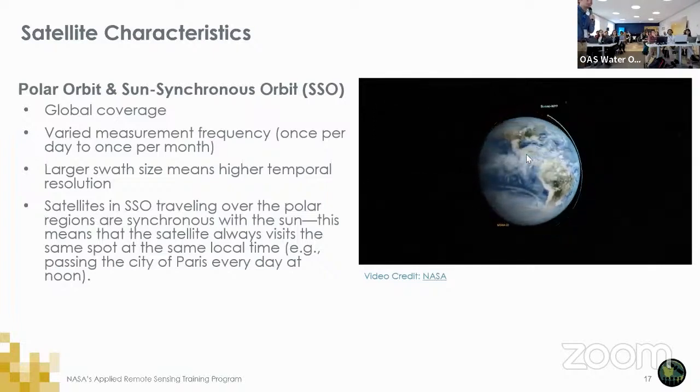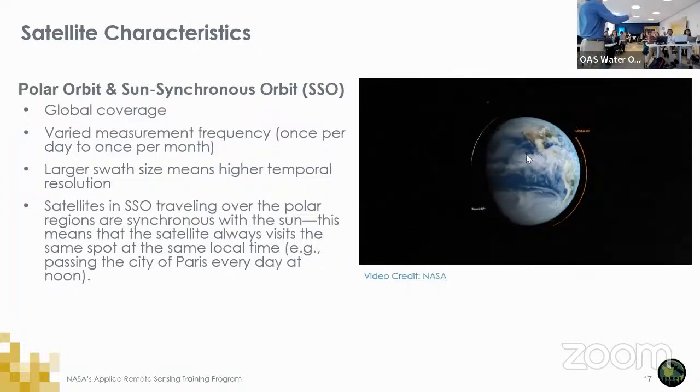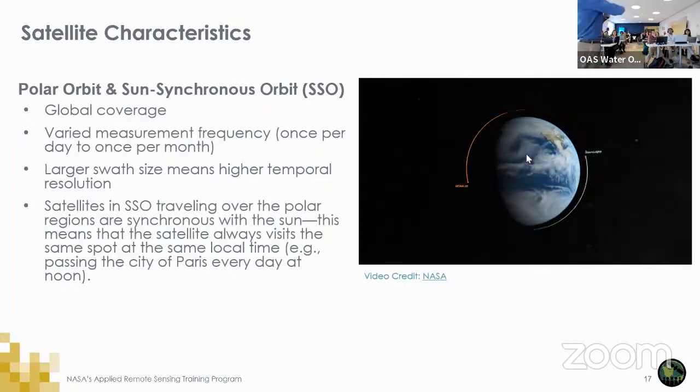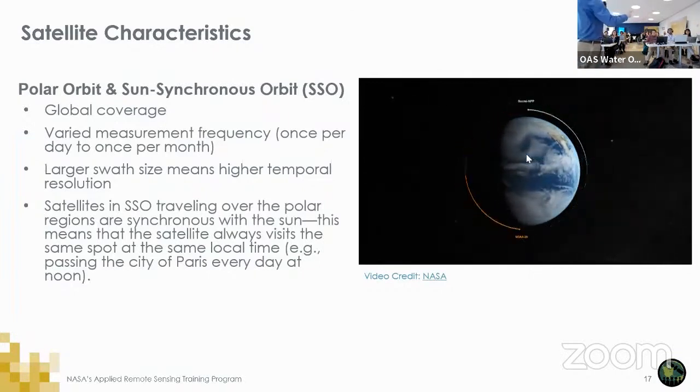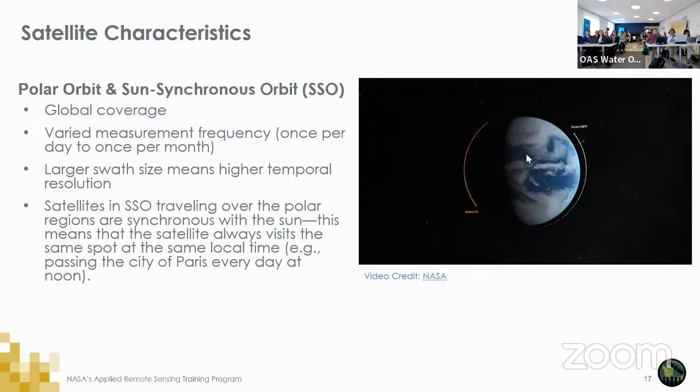In a sun synchronous orbit, it's passing over the same part of the planet at the same time. So you can have a consistent observation, even if it's a week later or 2 weeks later, it's going to be passing over that same part of the planet at that same time, so that you can have consistent objective observations over time. So that's a benefit of sun synchronous orbit. And a lot of the missions that I'll be discussing later today have a sun synchronous orbit. Next slide.